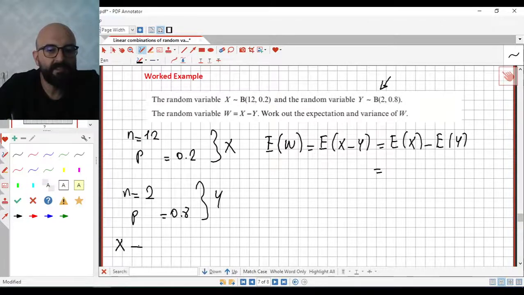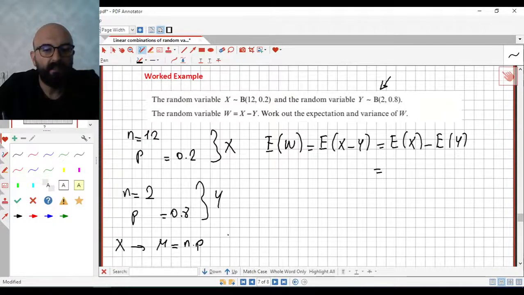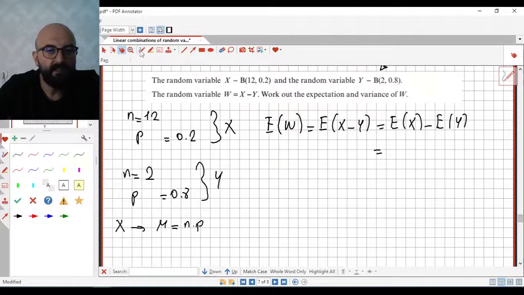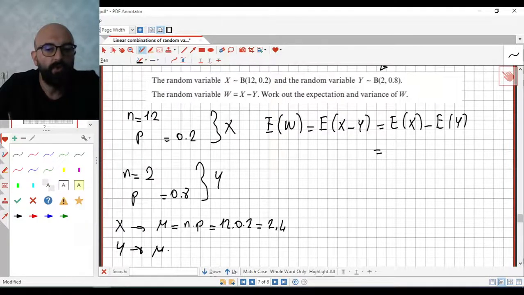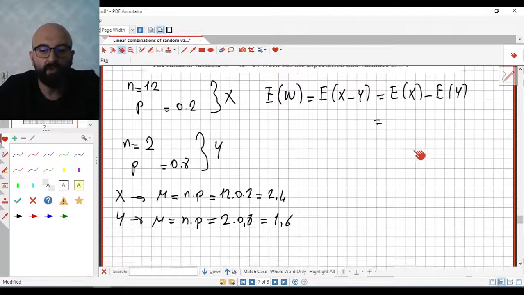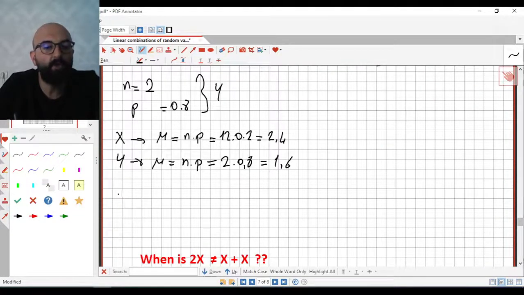So for x, the expectation means n multiply p, and it means 12 multiply 0.2, which is 2.4, and for y, n multiply p means 2 multiply 0.8, which is 1.6.